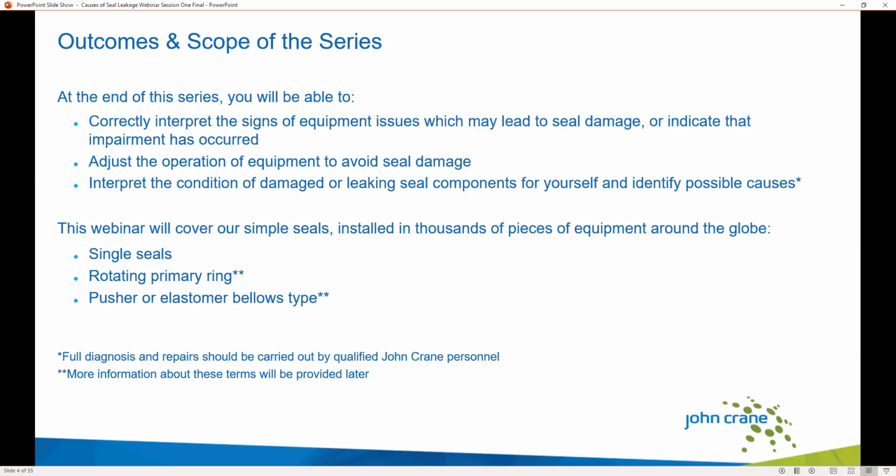One thing to note is that full diagnosis and repairs should be carried out by qualified John Crane personnel only. This webinar will cover our simple seals that are installed in thousands of pieces of equipment around the globe. These include single seals, rotating primary ring, pusher or elastomer bellows type, and we'll talk more about that terminology a little bit later.